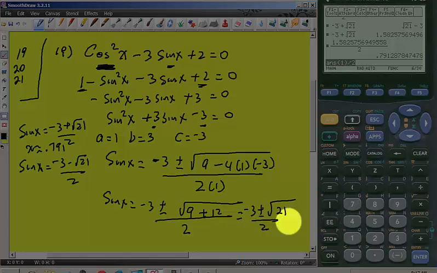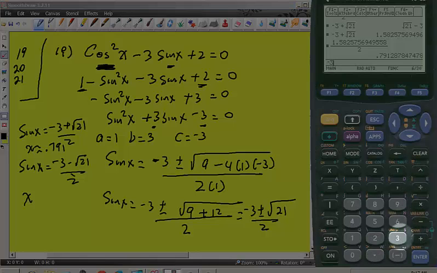Right. So on this one, I'm going to get x is equal to negative 3 minus, then I have a rad 21, close my parentheses, approximate that, convert to decimal, divide that by 2.